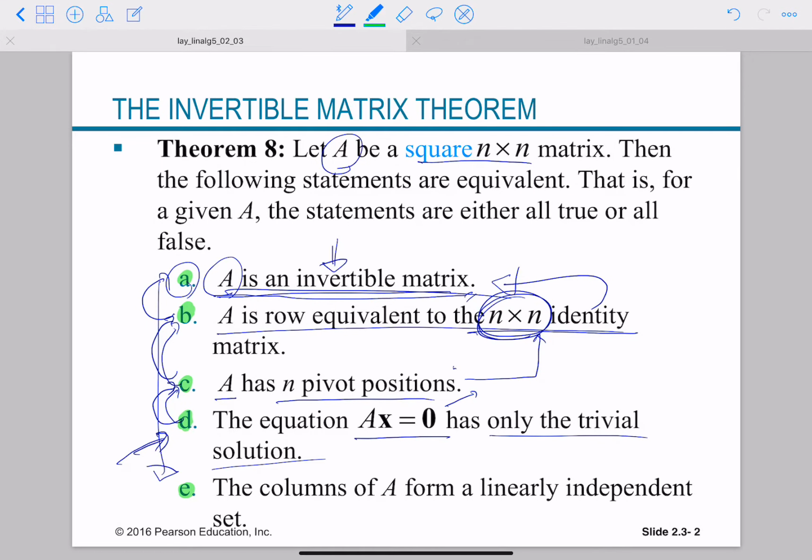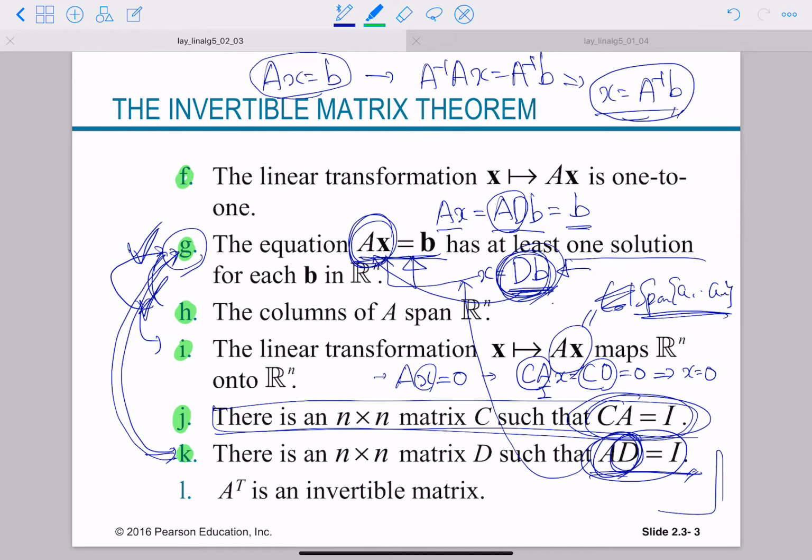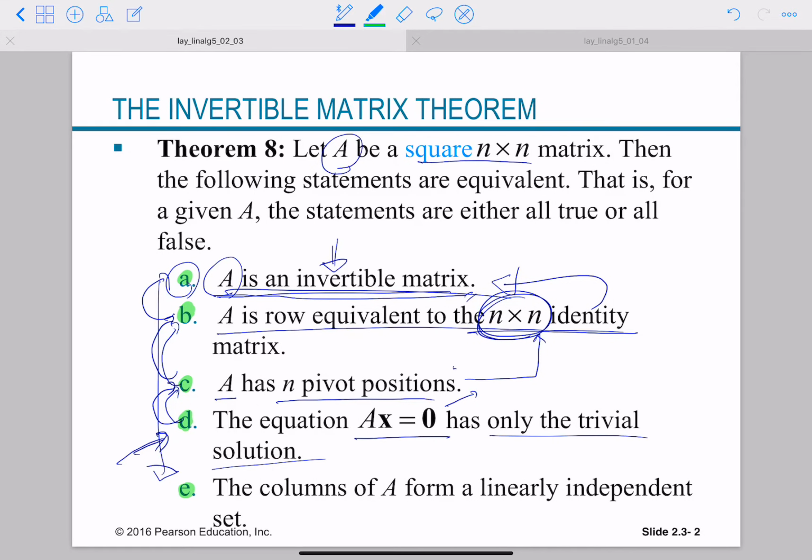So which one is not marked yet? The only item is L. L is saying that A transpose is an invertible matrix. I think I already proved it. If A is an invertible matrix, let's denote A inverse for the inverse of A. If we transpose it, by the property of transposition, (A inverse) transpose times A transpose is equal to the identity transpose, which is the same as the identity matrix.